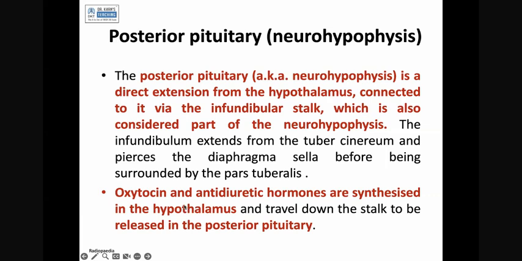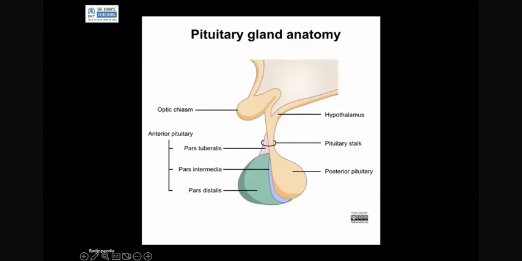Two hormones are produced, oxytocin and antidiuretic hormone, in the hypothalamus. Remember, they are synthesized in the hypothalamus, then travel down the stalk to be released in the posterior pituitary. So they are stored in the posterior pituitary. So this is it: hypothalamus, pituitary stalk, and posterior pituitary.